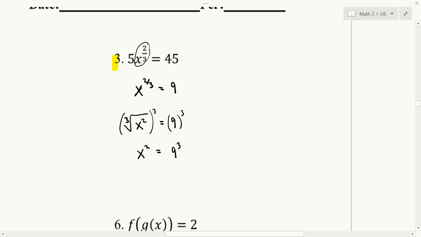And then to get rid of your square, you take the square root, and so x is going to equal the square root of 9 to the 3rd, which is 9 to the 3/2. Or you could write it as the square root of 9 first, then to the 3rd power, which is what we're going to use, because the square root of 9 is 3, and 3 to the 3rd is 27.